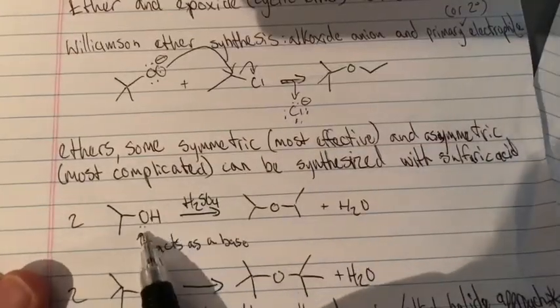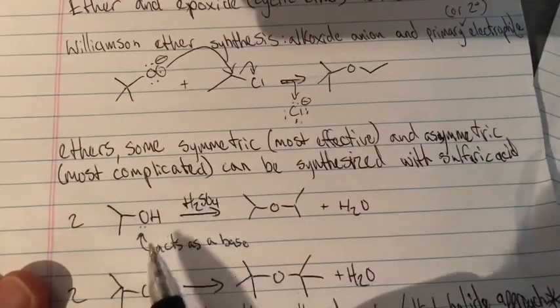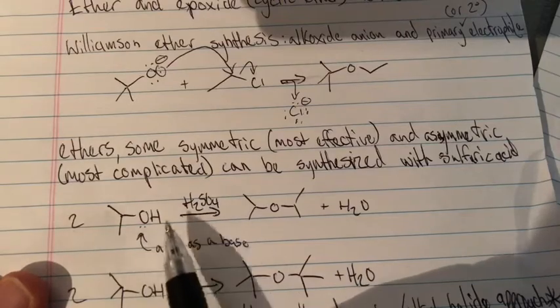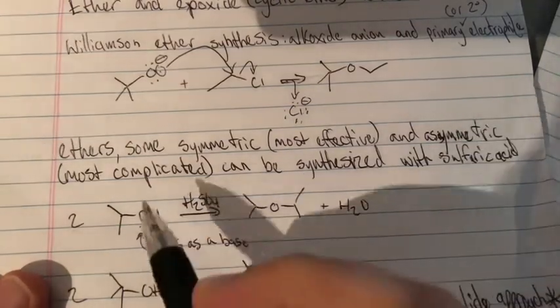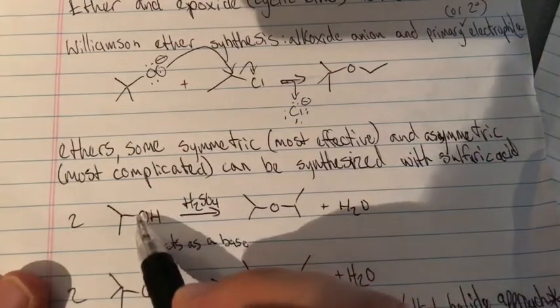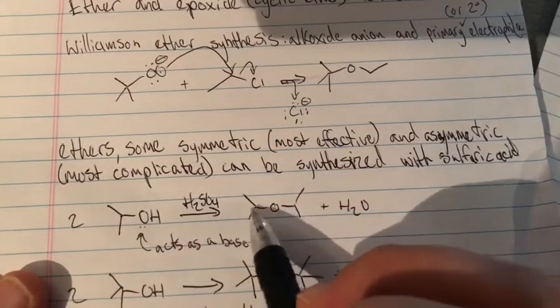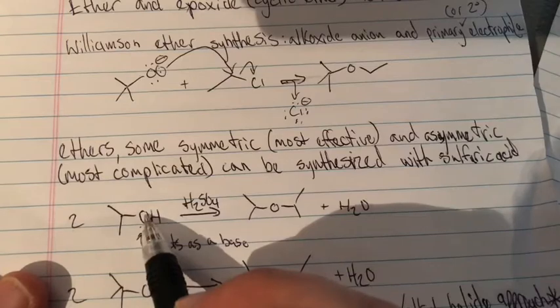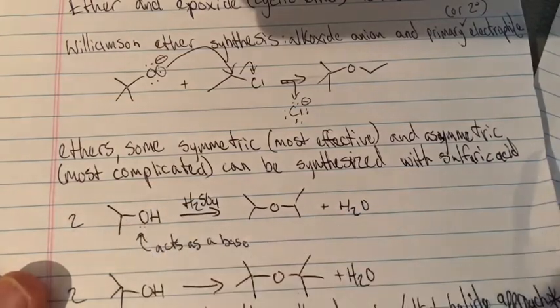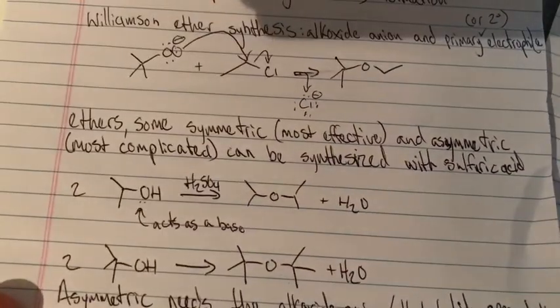So again, this acts as a base. It's going to pluck off one of these hydrogens here, or have it transferred to it, whatever way you want to look at it. And it's going to behave as a moderately good leaving group. And then another equivalent is going to attack that carbocation.